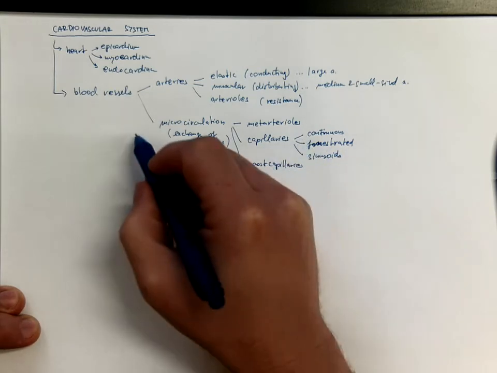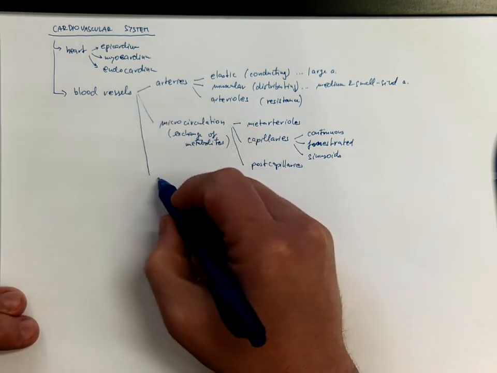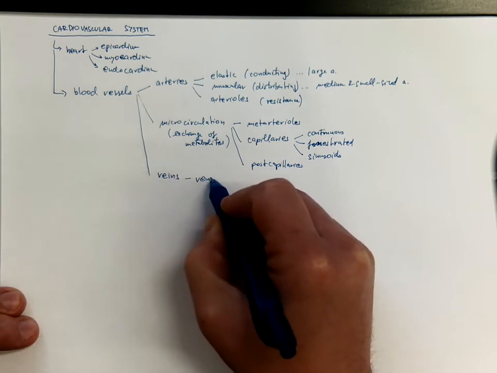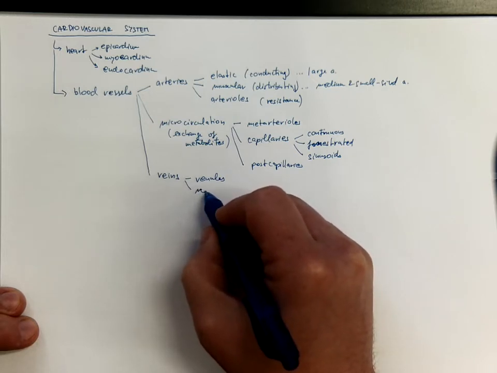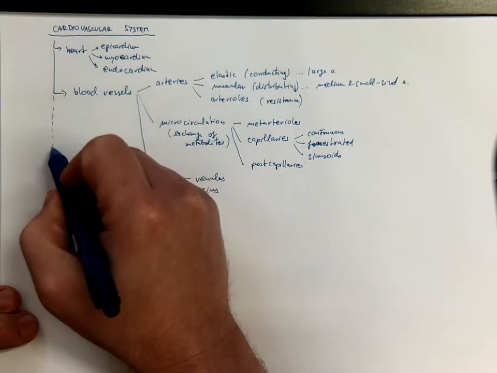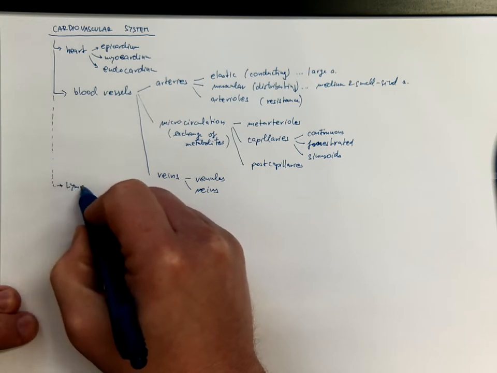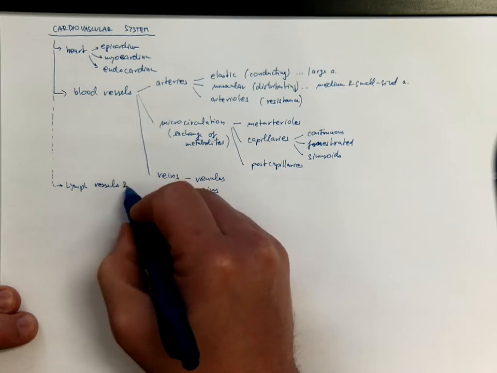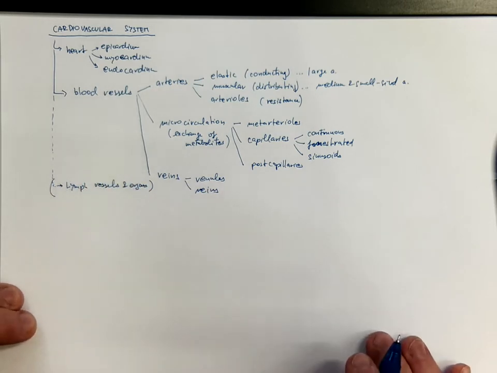That brings us already to the venous part of the circulation, with venules, microscopic venules, and then veins. Part of the cardiovascular system will be also the lymph vessels and organs, but they will be discussed in a separate lecture.